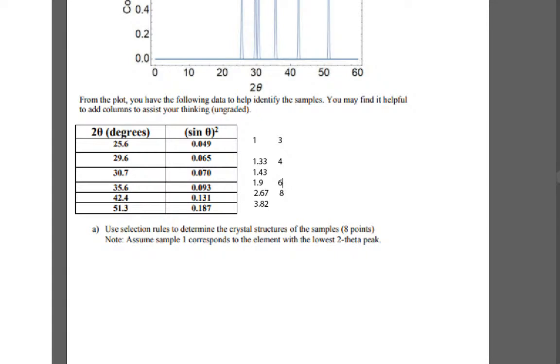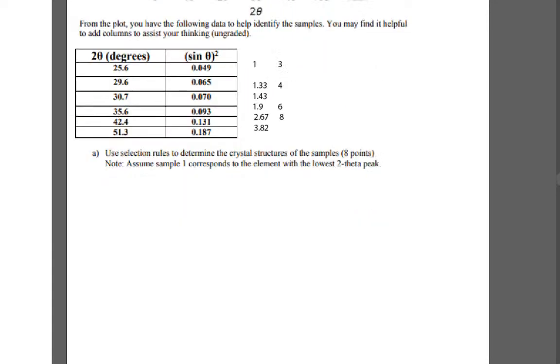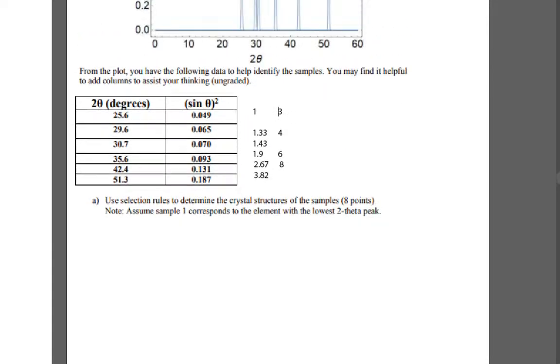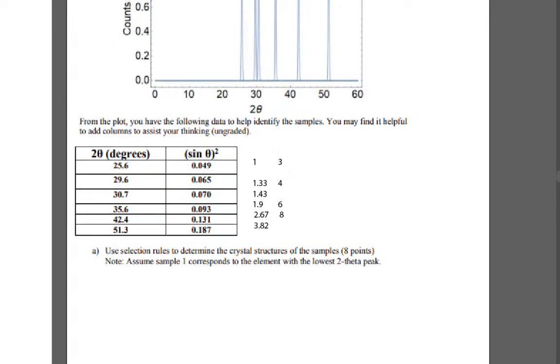Unfortunately I don't know what it is. Assume sample 1 corresponds to the element with the two lowest theta peaks. So this and this should be the same. And then this guy here is something different. Actually 1.9? I don't think so.